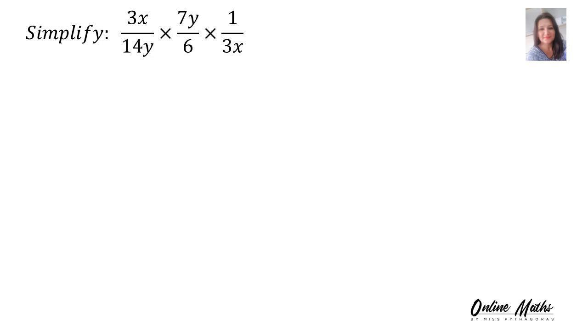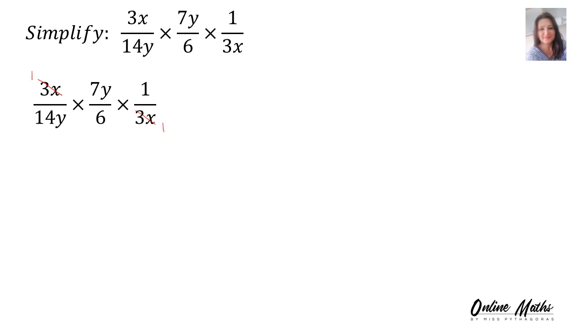Simplify 3x over 14y times 7y over 6 times 1 over 3x. Now we can start to cancel out. I'm going to say the whole of 3x goes in itself once, and it goes in itself in 3x once.